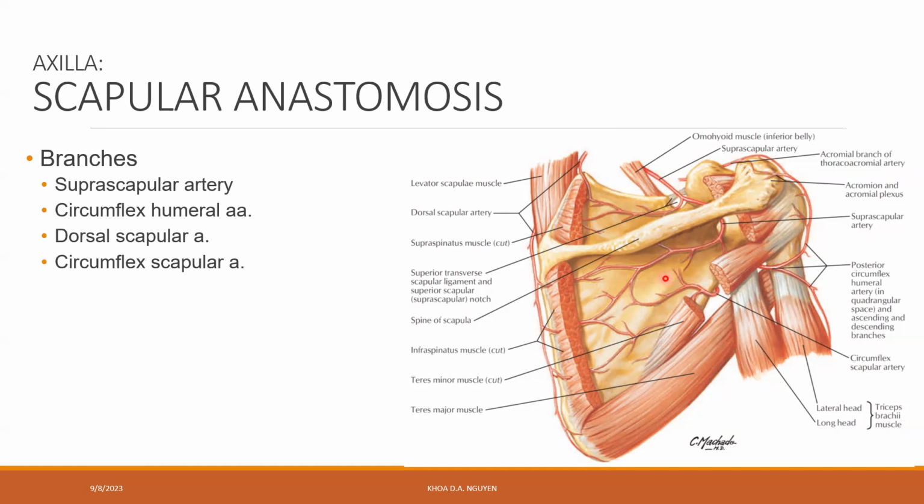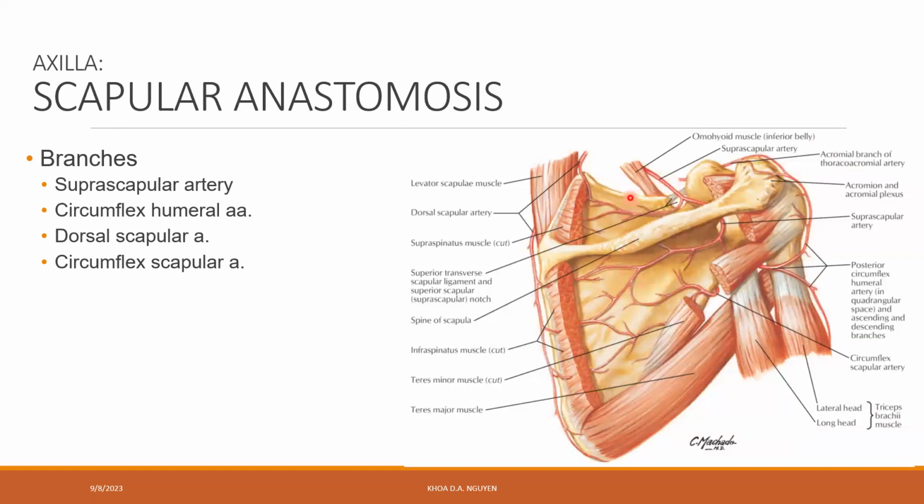which are connections between these arteries, to make up what is known as the scapular anastomosis of arteries. And those three vessels that make up the scapular anastomosis are going to be, number one, the circumflex scapular artery, as we have seen before, which is a side branch of the axillary artery, which goes through the triangular space right here to pass onto the posterior side and form this part of the anastomosis.